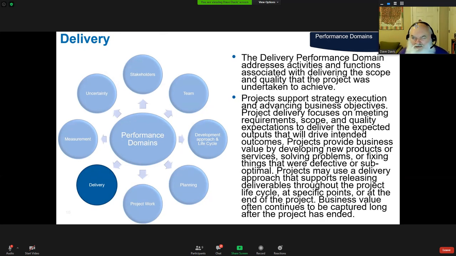Then delivery, performance domain addresses transition to operations, delivering the scope and what's there, making sure the expectations are set and that you deliver what aligns with the expectations that you set. And I think the term transition to operations is important, because everything, not everything, but most of the projects we deliver, the product is going to have some sort of impact on existing metrics, be they KPIs or whatever you want to have, to measure the health of the organization.